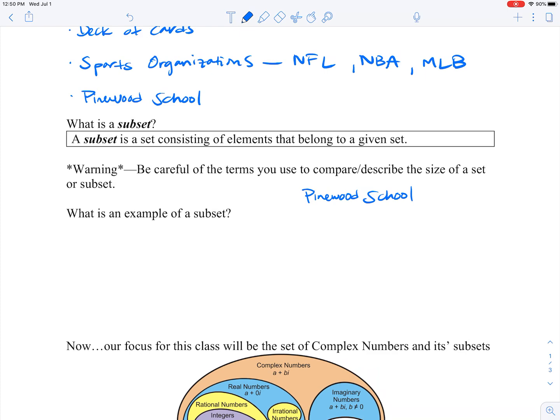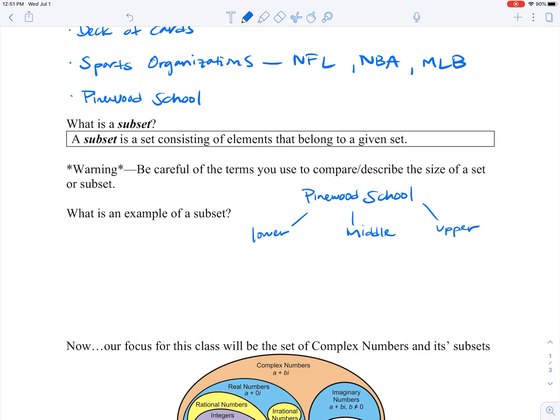Each student is an element of Pinewood School. And there are different ways that we can group students at Pinewood School. There are 3 different campuses at Pinewood: lower campus, middle campus, and upper campus.